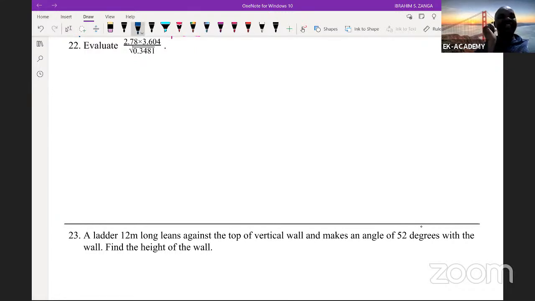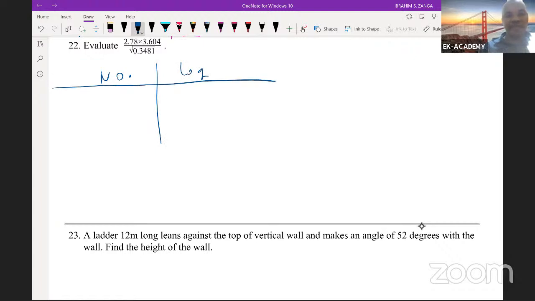Evaluate 2.78 times 3.604 divided by square root of 0.3481. So here you're supposed to use mathematical tables, the figure tables. We have the number, and then here we have log of that specific number.